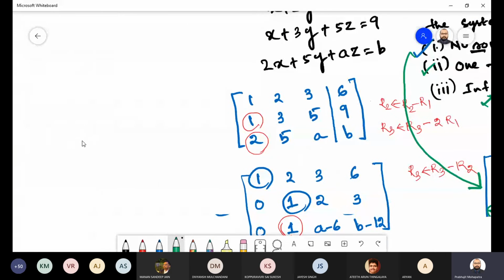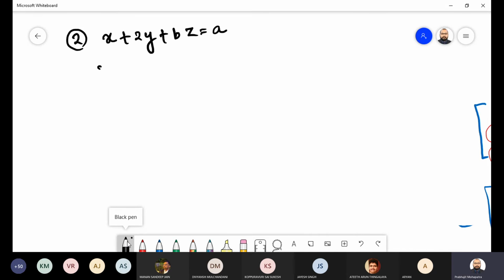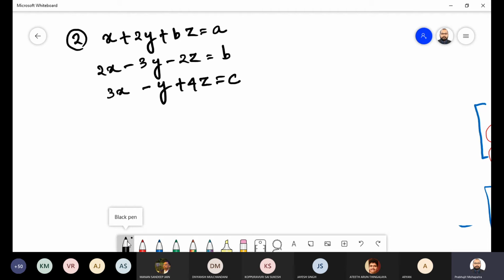There is another problem here. The condition is to find a condition such that the system is consistent. The system is given as x plus 2y plus bz equal to a, then 2x minus 3y minus 2z equal to b, then 3x minus y plus 4z equal to c.